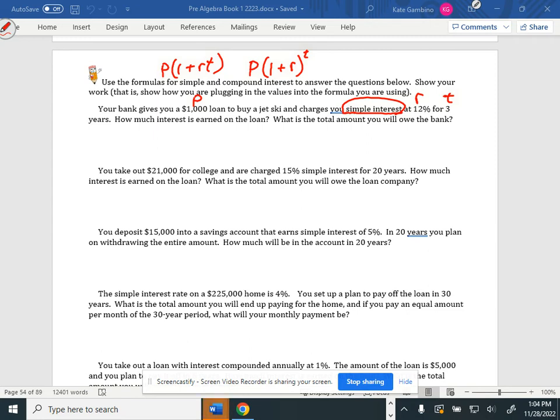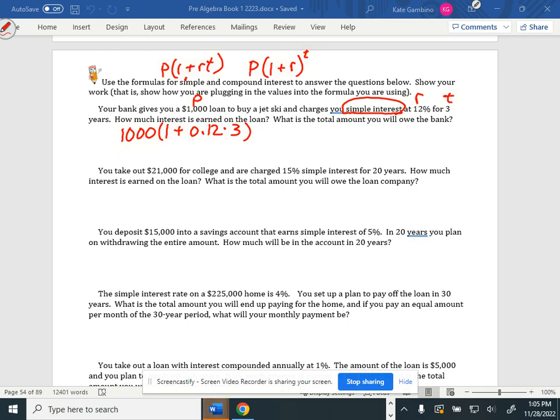So now, which interest rate formula do I want to use? The simple. Say my principal is 1,000 times 1 plus my rate of 0.12 times the time of 3 years. So first thing I do is parentheses. Inside the parentheses, I still have to follow PEMDAS.